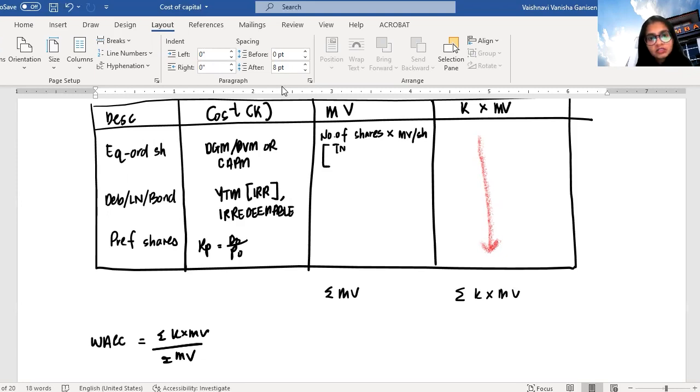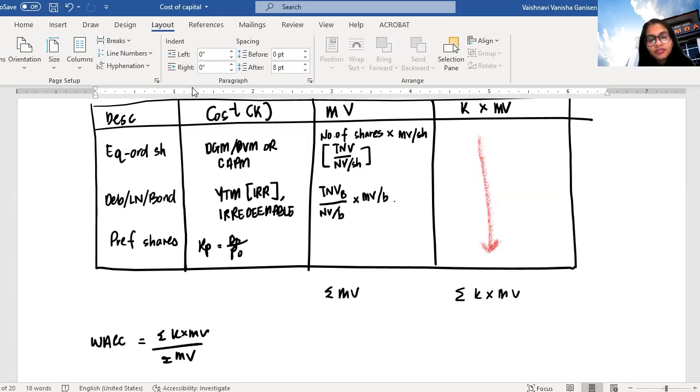You take total nominal value over nominal value per share. For bonds it is the same thing. Instead of using this formula, you can straight away take the total nominal value of bonds divided by the nominal value per bond, multiplied by the market value per bond.